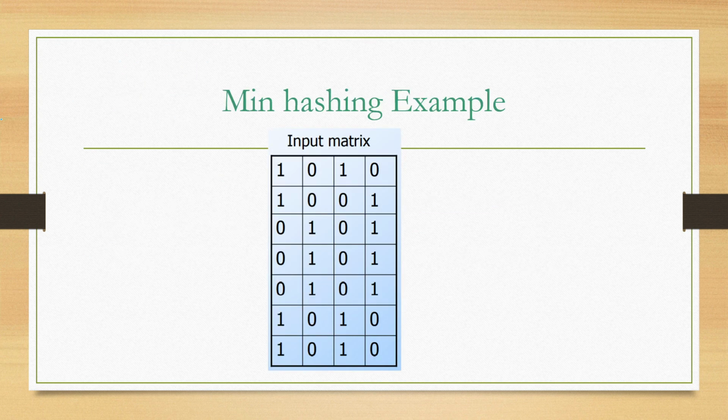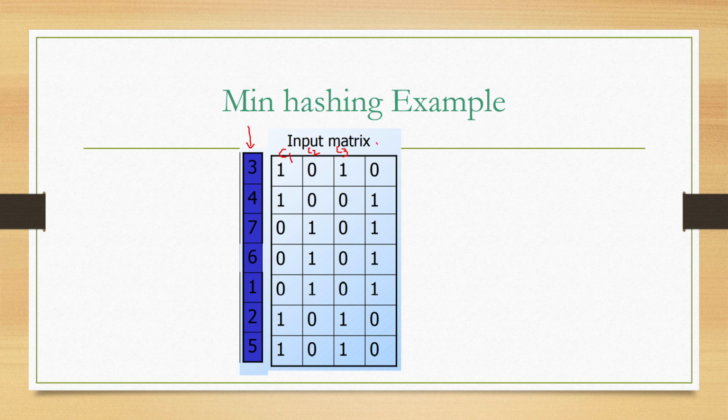Let us consider this as the input matrix, and let me just call these columns C1, C2, C3 and C4. And next we said that we have to perform permutation. To perform permutation, we are keeping this input matrix as it is, that is, the columns or the rows are not changed in the memory, but we will consider them to be permuted in this order.